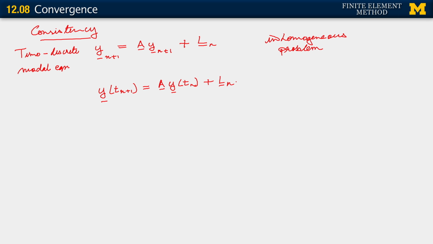But in general, the time exact solution does not satisfy our finite difference equation, so we get in addition a term delta t times a vector tau depending upon Tn. It's a vector tau because of course y is a 2 vector, so tau also has to be a 2 vector. So this is the time exact modal equation.